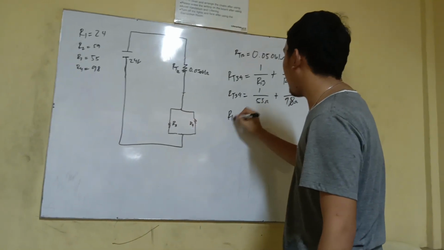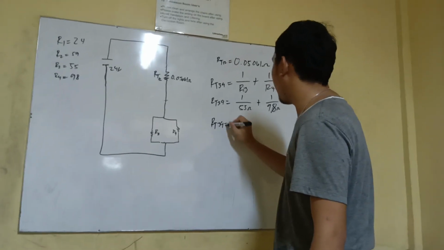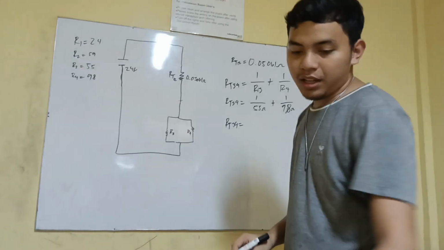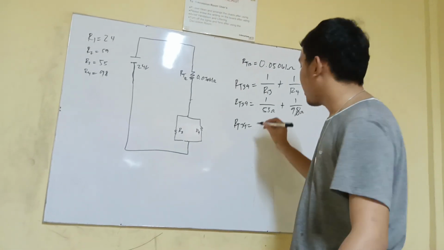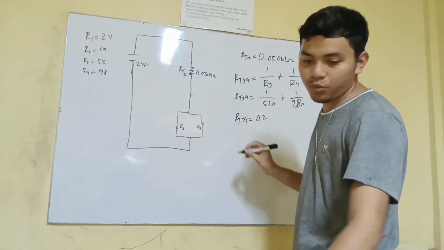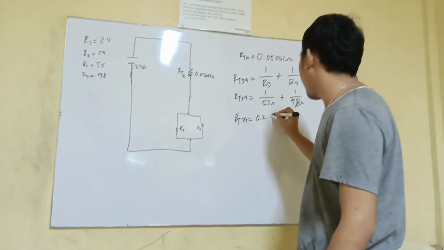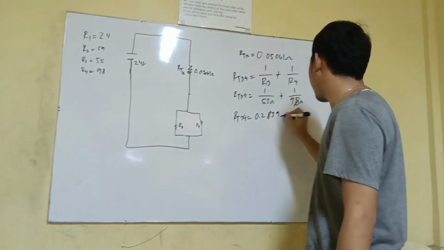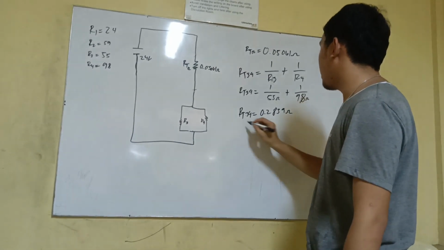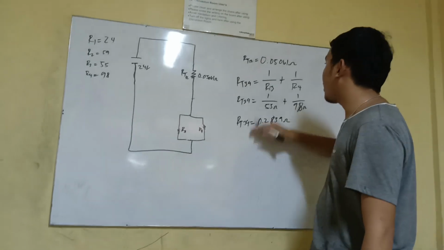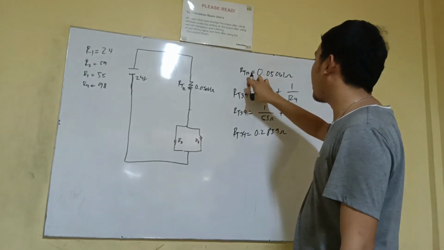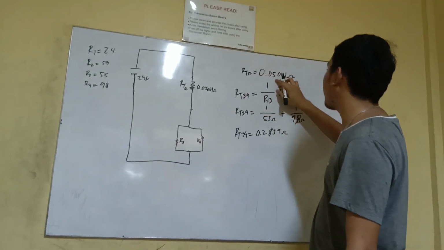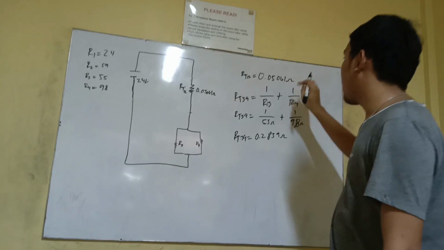So our R total in 3 and 4 is 0.2839 resistance, and the total in R1 and R2 is 0.05061.